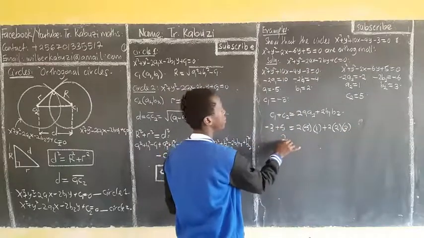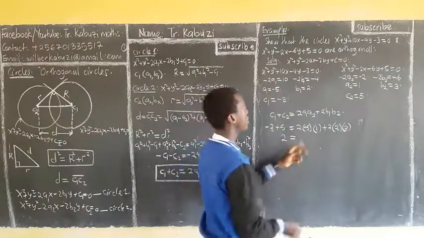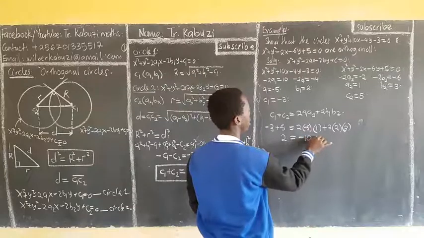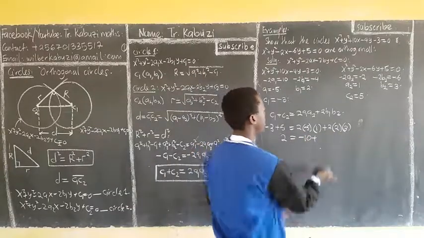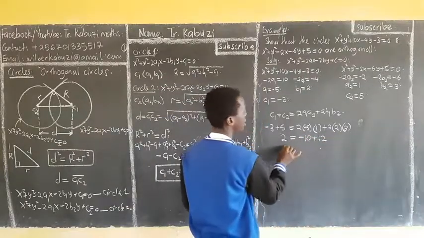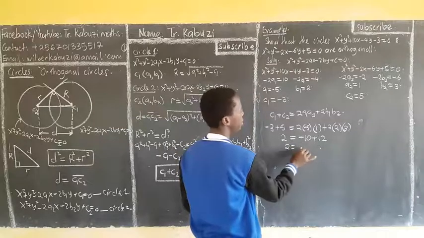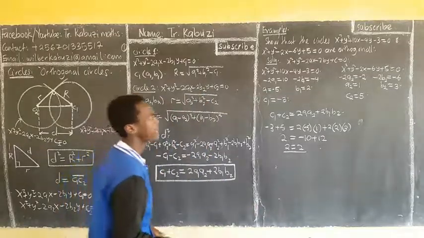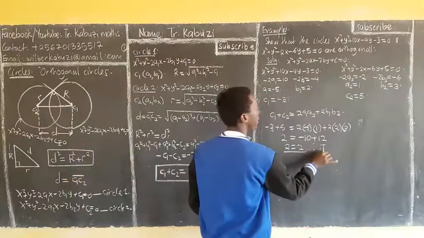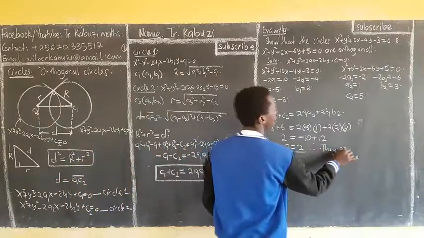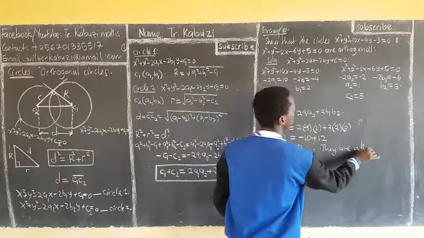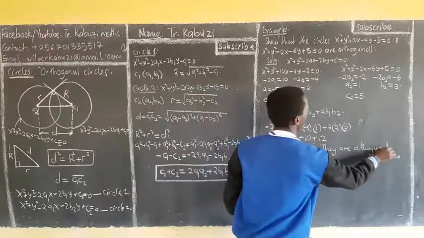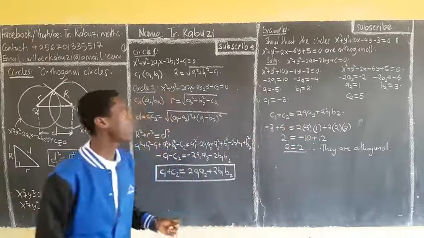So this side we have 2 equal to 2, this will be then plus, this is 6 times 2, that is 12, this at R2 is equal to 2 at 2. And this shows that they are orthogonal. Therefore they are orthogonal. So members, that's all we need so that they are orthogonal.